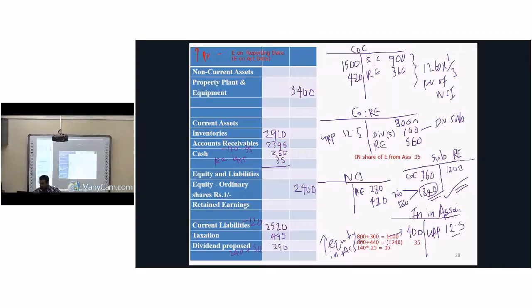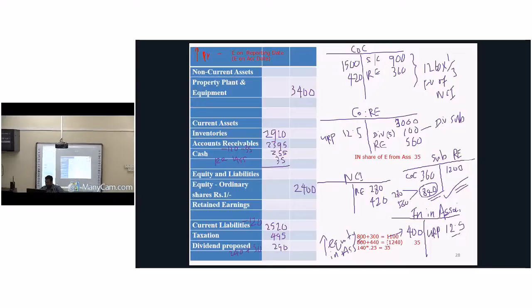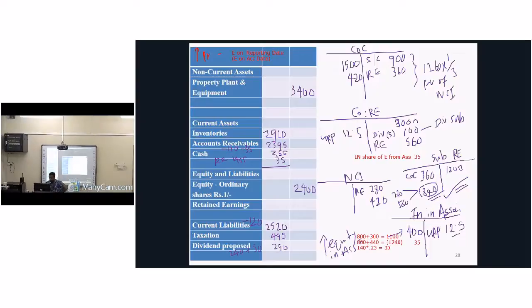So then, yes, today also the problem is I can't write. We can find now the goodwill. Here, how much is the goodwill? 1500 plus 420 minus 900 minus 360. Goodwill is 660.